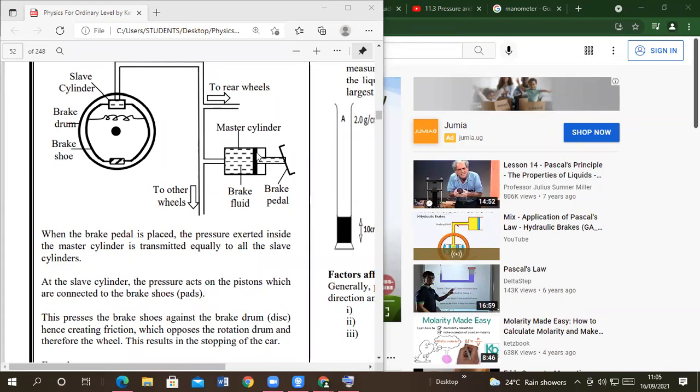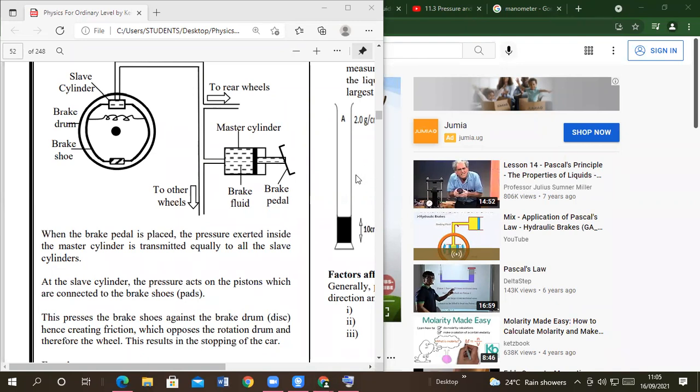And because it is in form of oil, it will prevent the friction between the piston and the master cylinder, because whenever the piston is moving inwards or outwards, it has to move within the master cylinder. So what they have to do is use oil, because we know that oil is one of the things that we use to reduce friction.